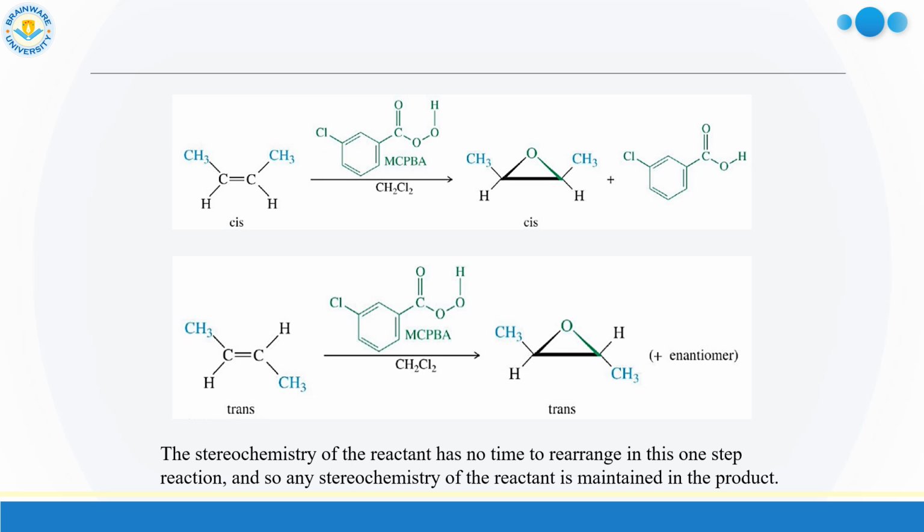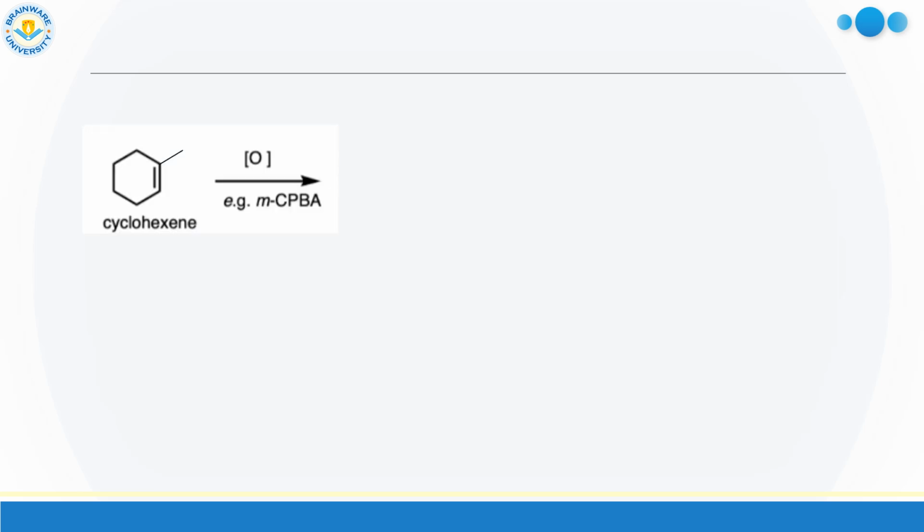Next is an example, methylcyclohexene, oxidation by using MCPBA, metachloroperbenzoic acid. What should be the product? The product is the epoxide form.